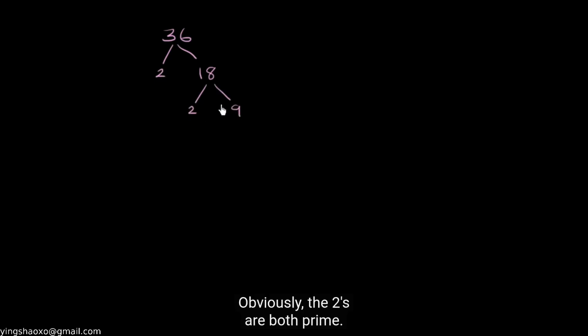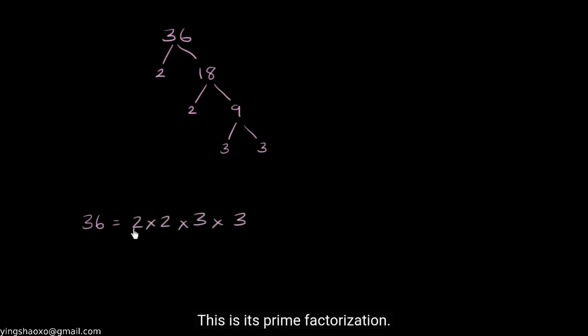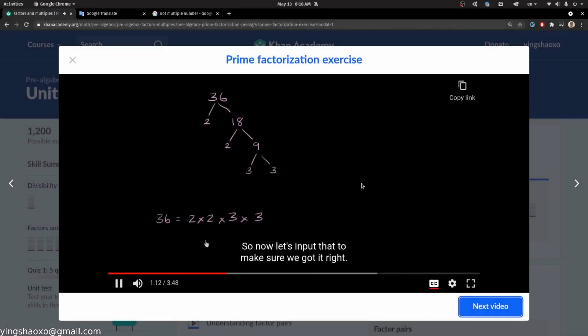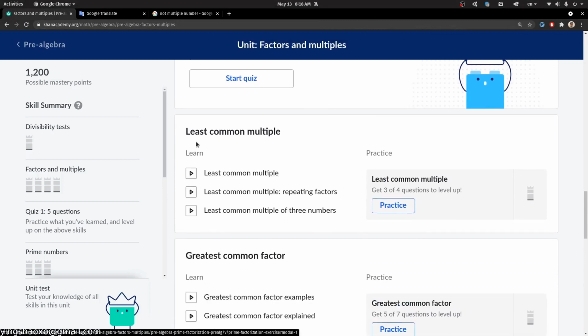Obviously, the 2's are both prime. 9 is not divisible by 2, but it is divisible by 3. 9 is 3 times 3. So we can say that 36 is equal to 2 times 2 times 3 times 3. This is its prime factorization. All of these numbers are prime. So now let's input that. All right, wonderful. Let's go on.